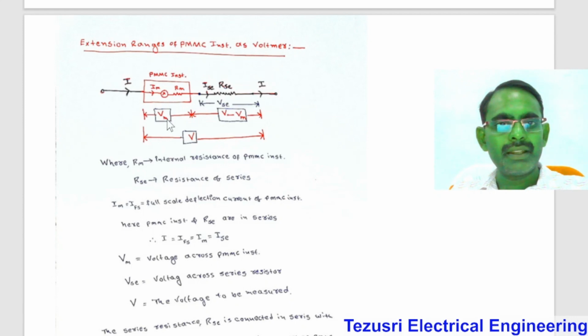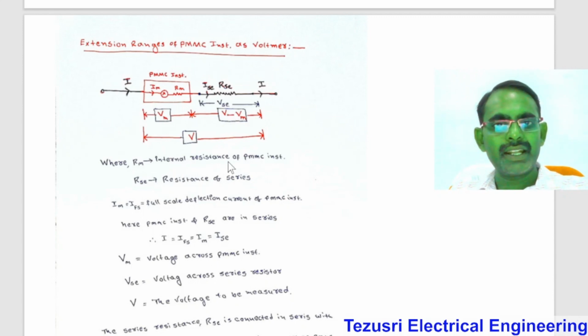Vm is nothing but the voltage drop across the basic instrument, and here this is the required measurement of the voltage. The voltage drop across the series resistance is nothing but the required measurement of the voltage minus basic instrument voltage. It's nothing but VSE.